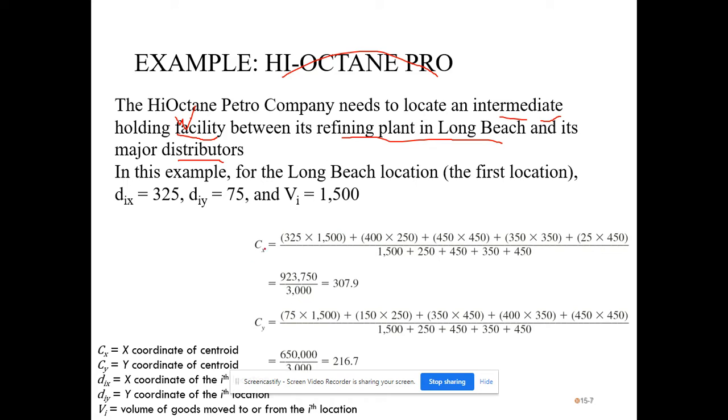So you can see here for this warehouse, the x coordinate becomes 325 into 1500, that is volume, plus the second distributor, x coordinate 400 multiplied by 250, plus 450 into 450, plus 350 into 350, 25 into 450, and the summation of the volumes that shift between them, and the x coordinate becomes 307.9. So we can roughly say it's 308.